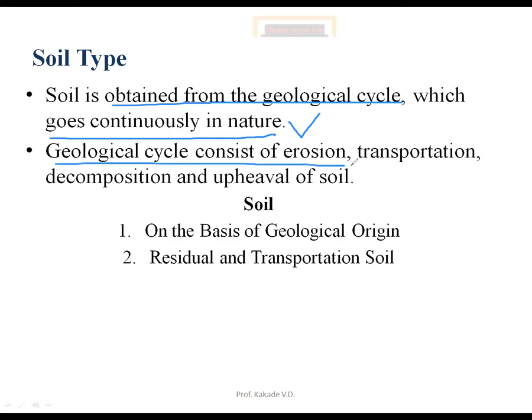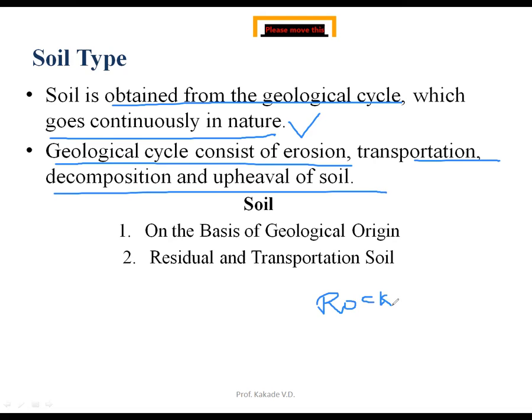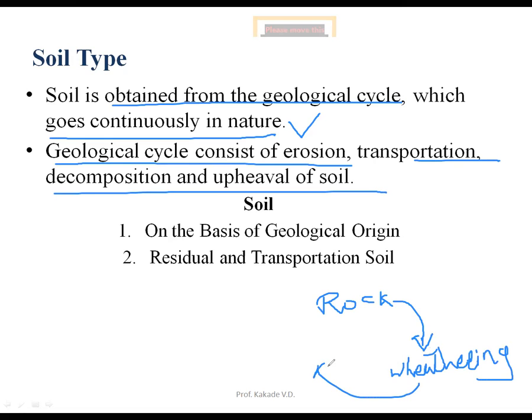The geological cycle consists of erosion, transportation, decomposition, and formation of soil. Rocks are eroded and weathered, and due to weathering and many actions, soil forms. After soil forms, it is transported and upheaved.